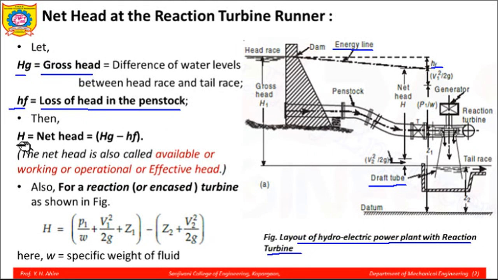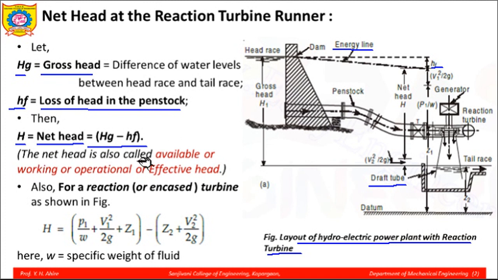Then capital H represents net head. We have seen in our discussion on Pelton turbine, it is nothing but gross head minus the loss of head in the penstock. So Hg minus Hf, that is net head.